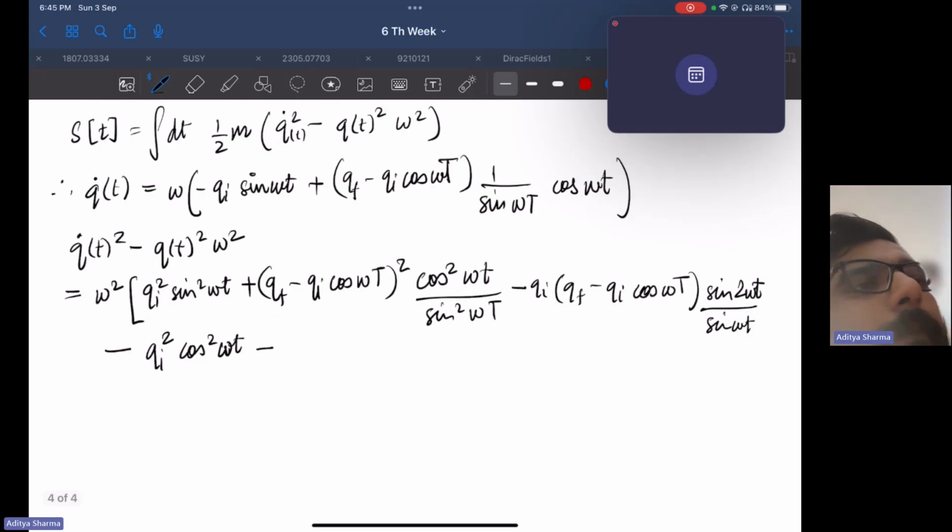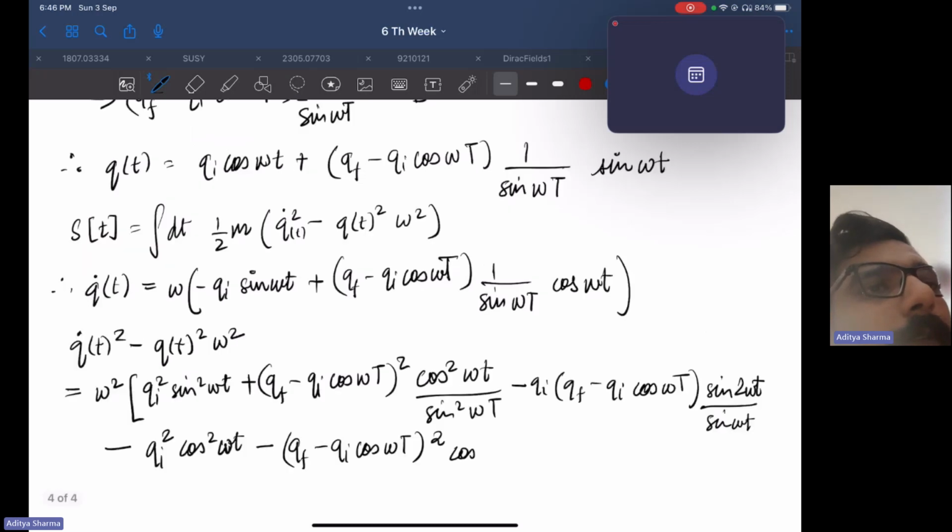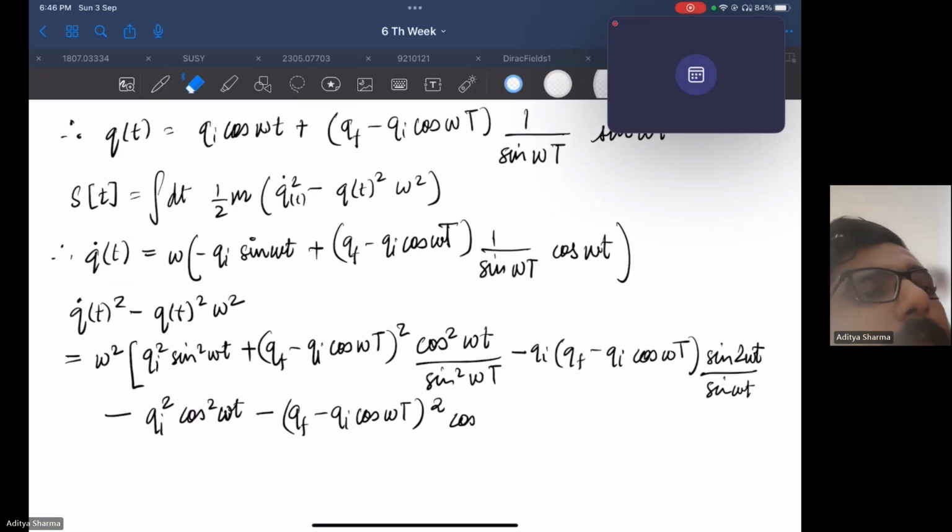T and Q minus QI plus omega T squared plus T squared omega T.